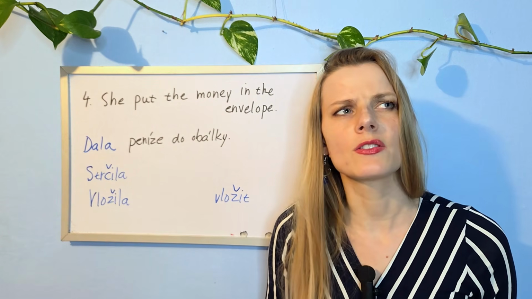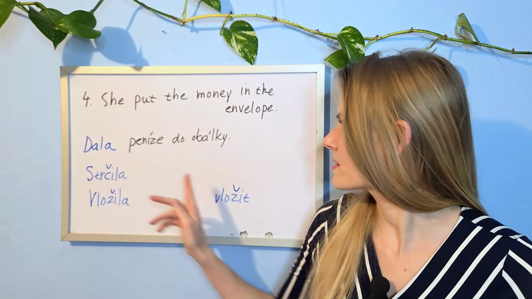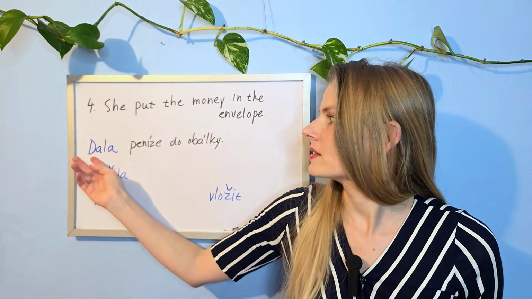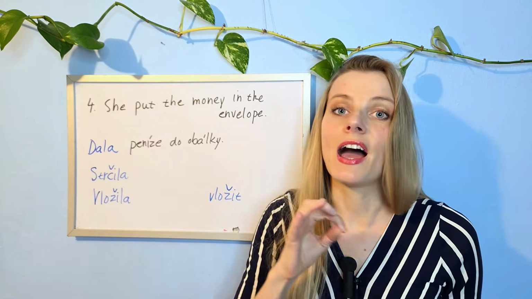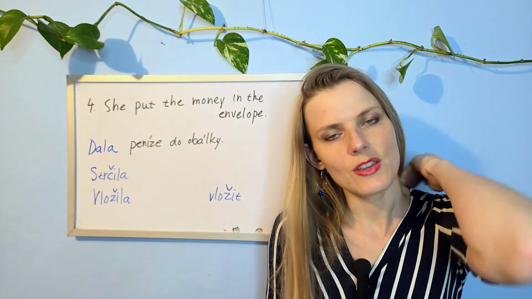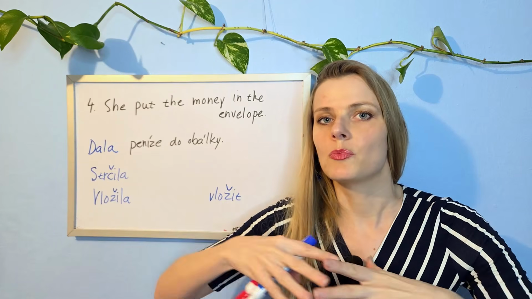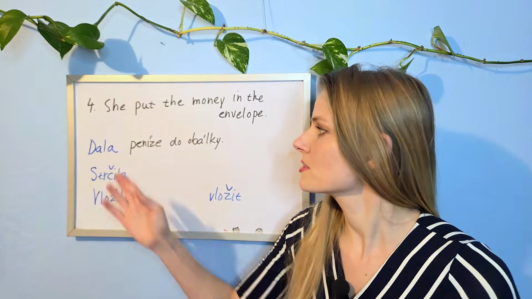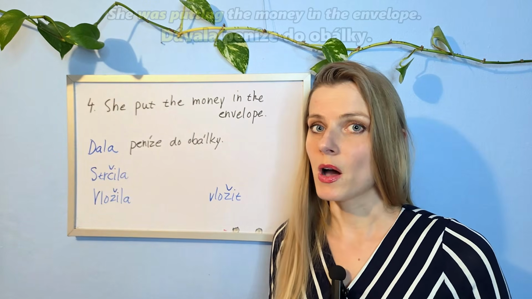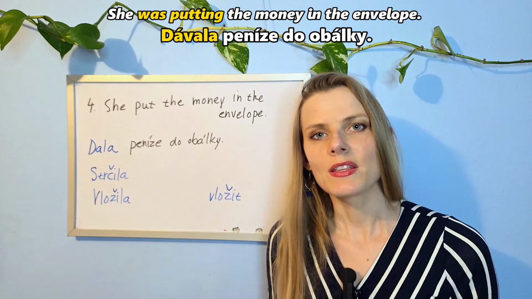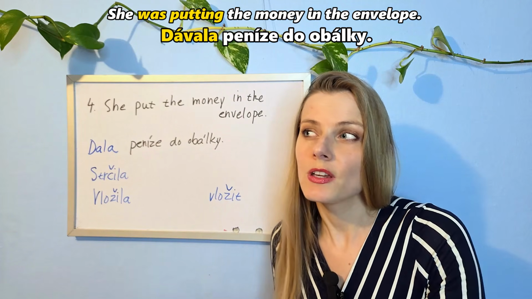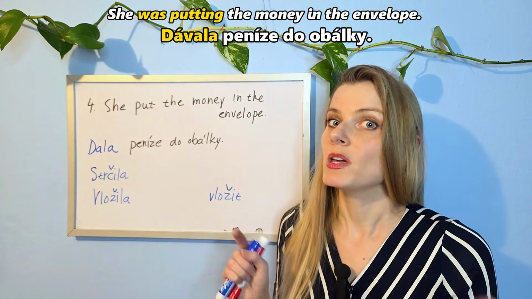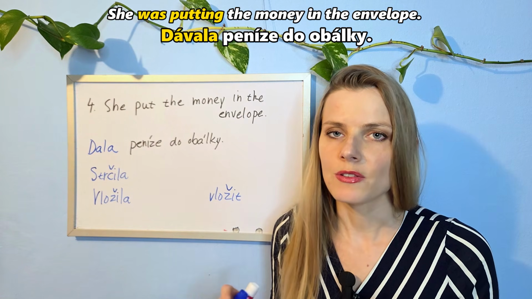And we haven't even spoken about this verb's counterpart, the imperfective version, dávat. Dávat is used when we talk about a process, something that took some time. For example, here, if you said dávala peníze do obálky from dávat, it means that she was putting the money in the envelope and maybe this action was interrupted.